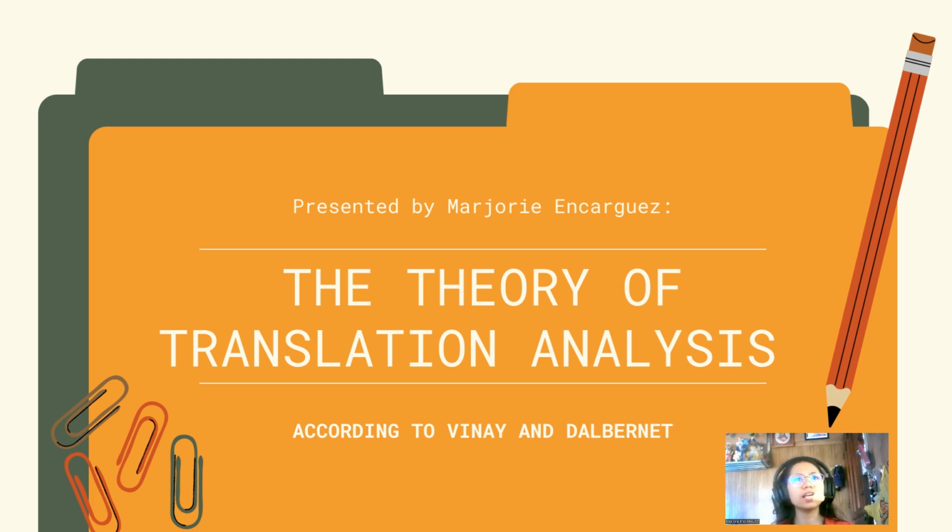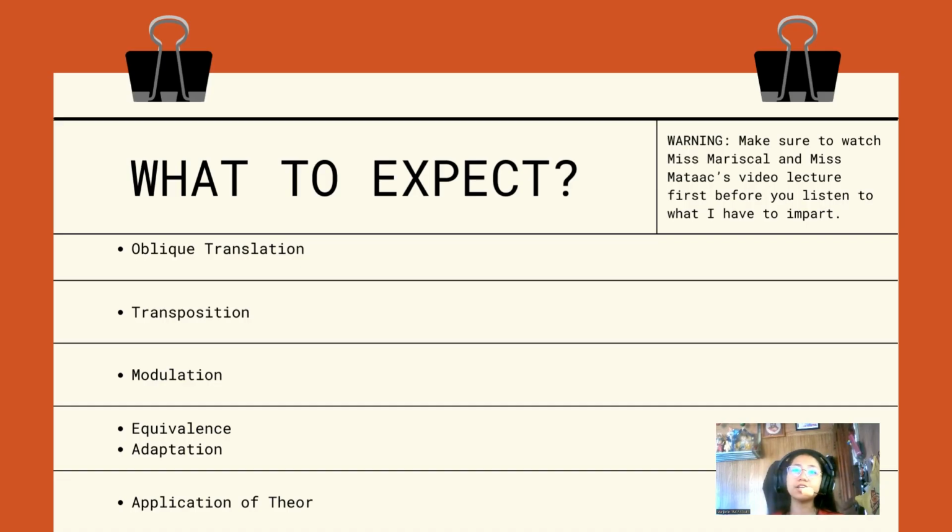Given that this is a collaborative video lecture, I will be the one to continue the following concepts. These topics are oblique translation, transposition, modulation, equivalence, adaptation, and the application theory.